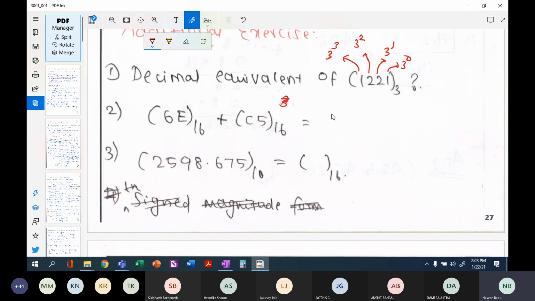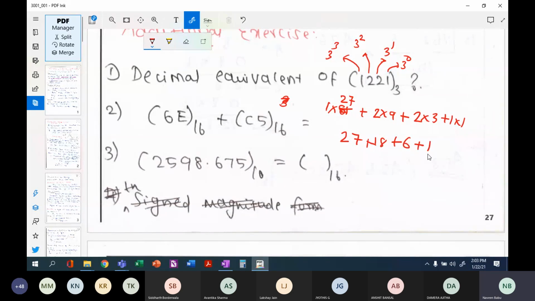So 1 multiplied by 3 power 3, 3 3s are 9, 9 3s are 27. So 1 into 27 plus 2 into 9 plus 2 into 3 plus 1 into 1. So it is 27 into 1, plus 18, plus 6, plus 1.